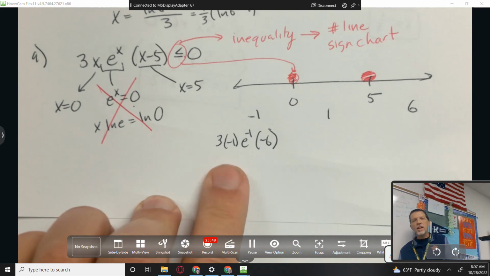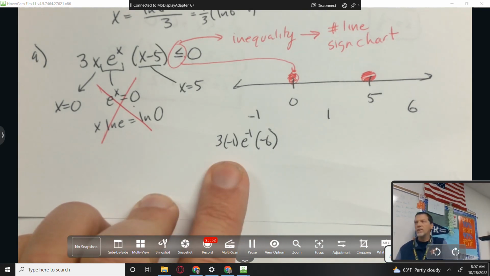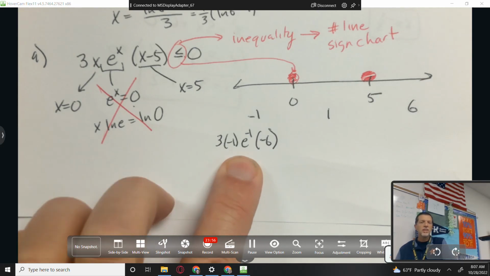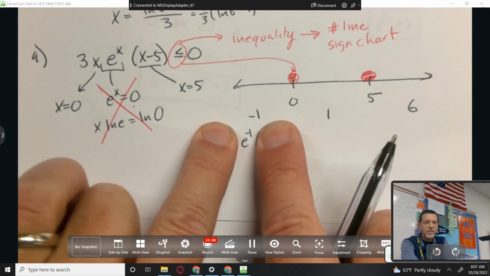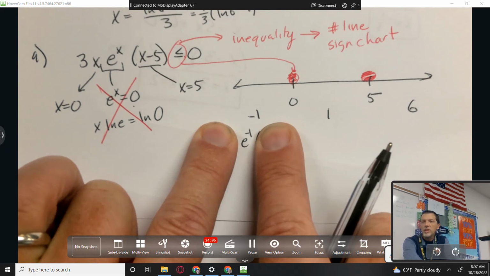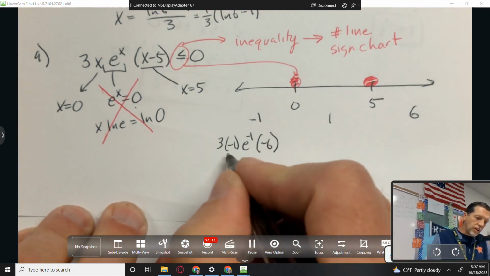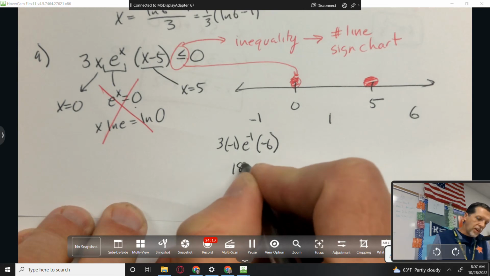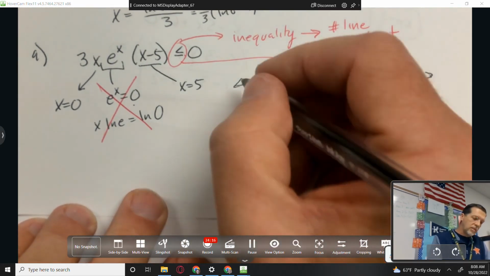Okay, negative times negative is positive. I'm fine with that. What's e to the -1 though? Is it negative or positive? Let me ask it differently. What's the -1 do to that e? Flips it. So it does not make it negative. So it becomes a positive 18 over e. But all I care about is it's positive.